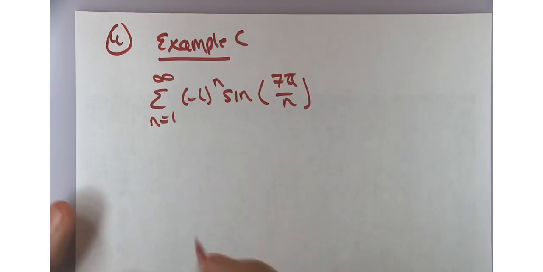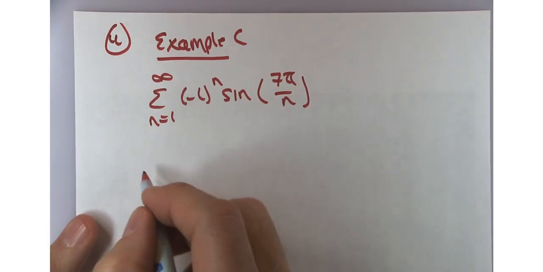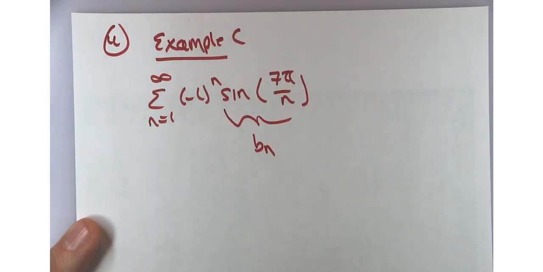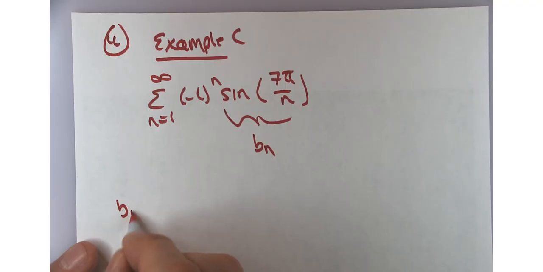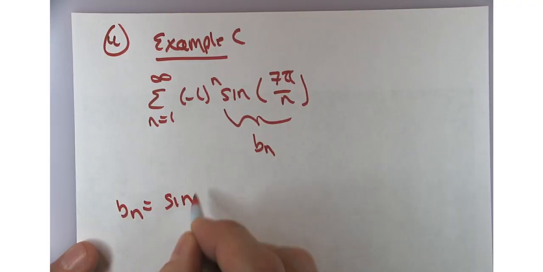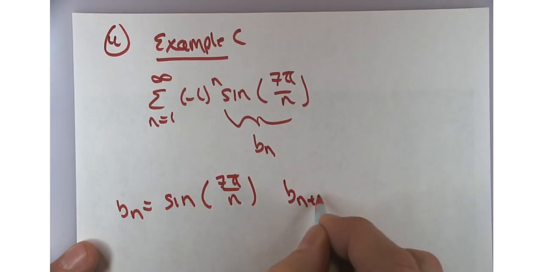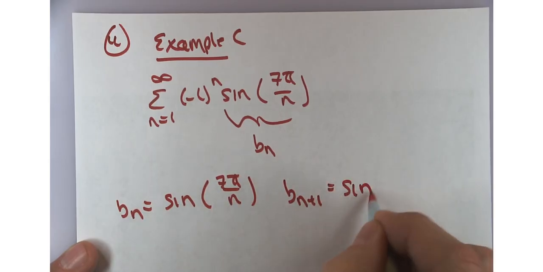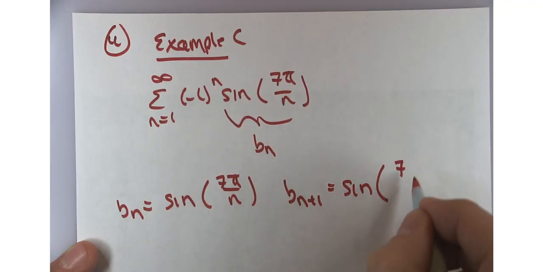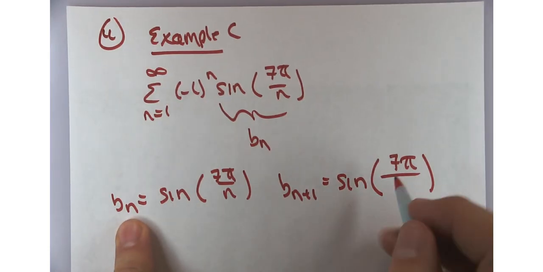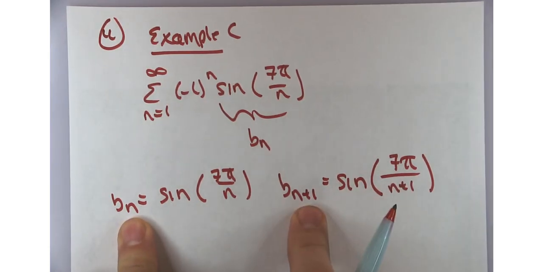Let's take a look at two adjacent terms. We'll call this our b sub n, just giving it a different name for a change. b sub n is sine of 7 pi over n. What would b sub n plus 1 look like? Sine of 7 pi over, well, n plus 1, right? You're putting in the next term.